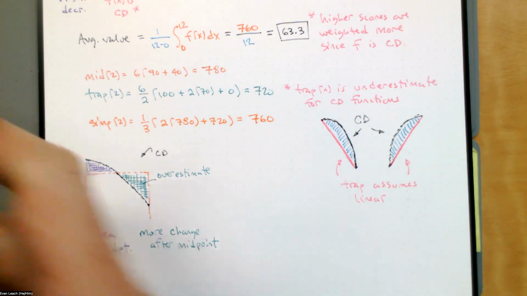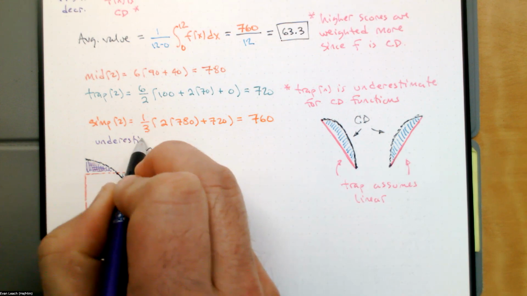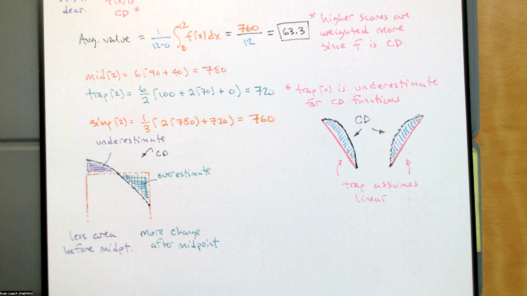And the overestimate outweighs the underestimate. So the over-under for the midpoint rule and the trapezoidal rule are dependent upon the concavity of the function.